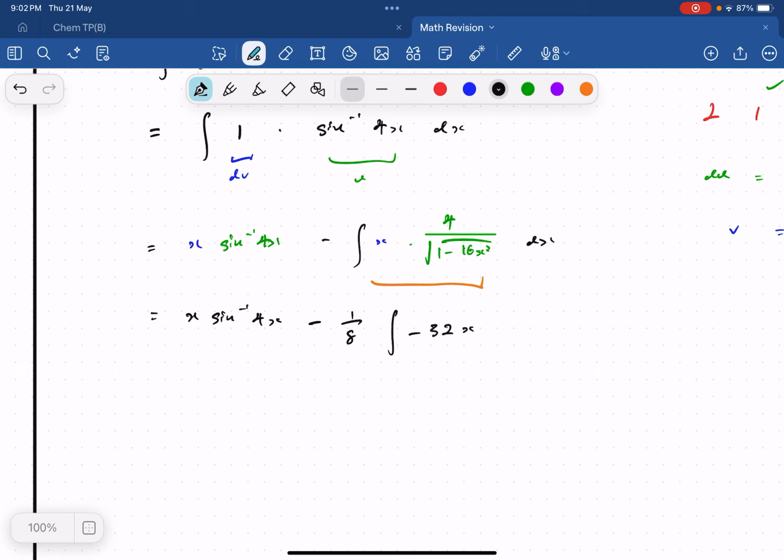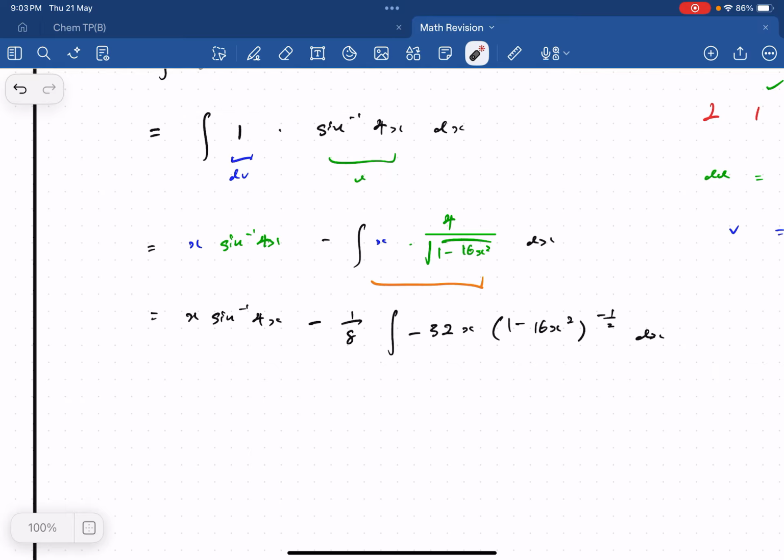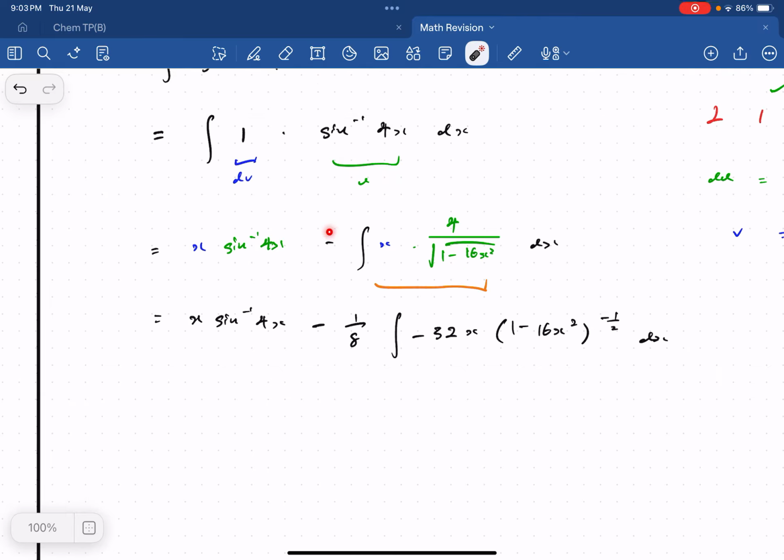This is in the denominator, so instead of root in the denominator, I express it as a negative power. We've done this in the previous episode already. And because I have a negative here, and a negative here, I want to make this a plus. You get?